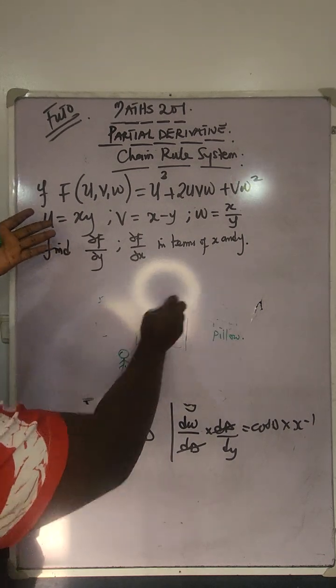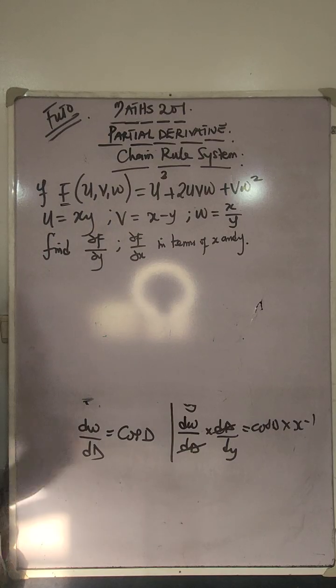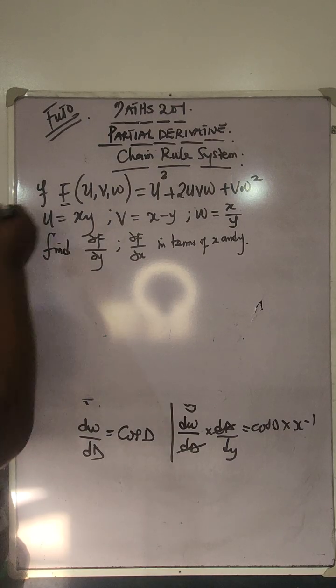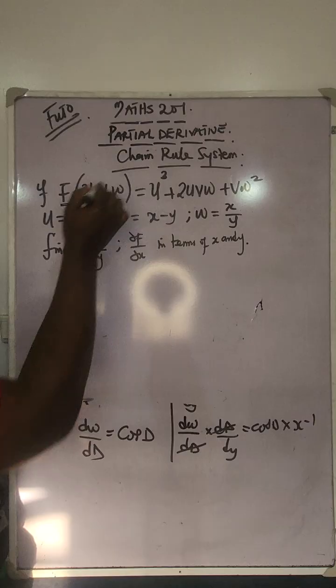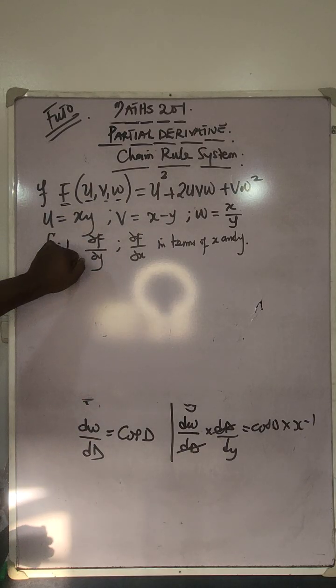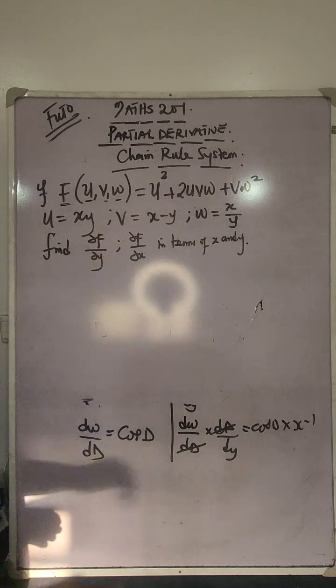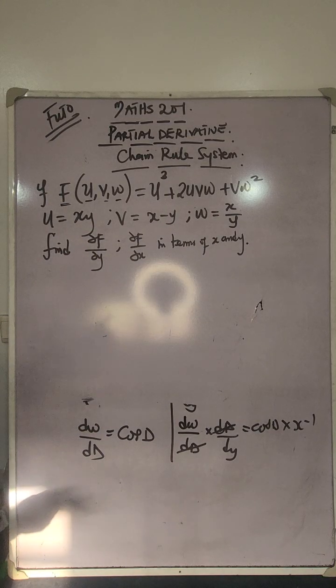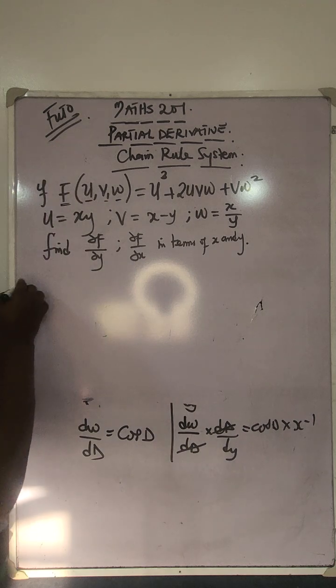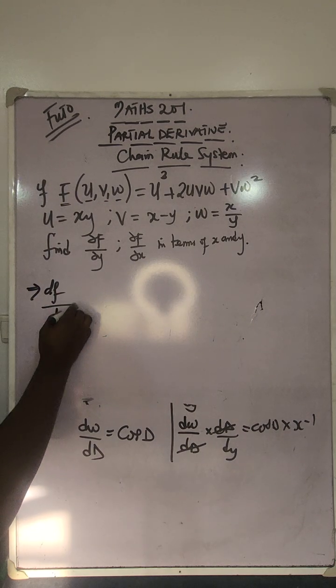So the same idea comes into play here. So this is the father F, having 3 babies, U, V, and W. And now each of those babies have children, X and Y, X minus Y, X over Y. What comes to our mind is that to find, for example, dF/dX, chain rule now.